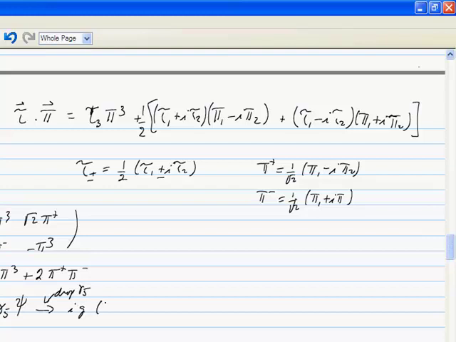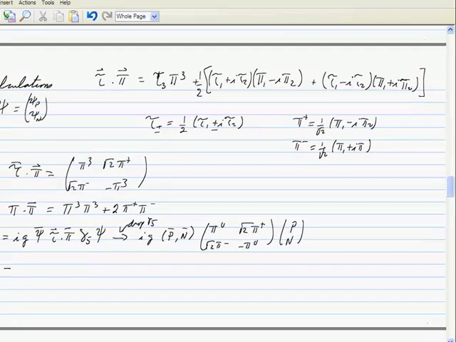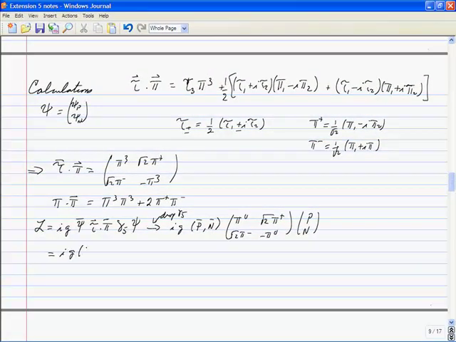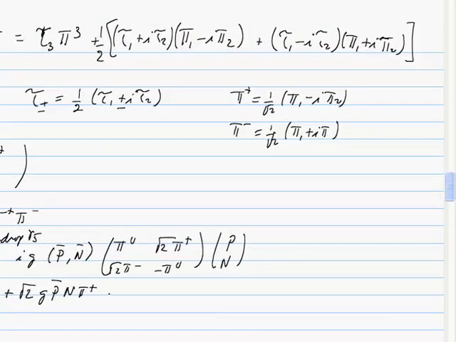That's I G P bar N bar, times the matrix pi 0, square root of 2 pi plus, square root of 2 pi minus, minus pi 0, times P N. This Lagrangian then contains the following: G P bar P pi 0 coupling minus P bar N bar N pi 0, plus the square root of 2 G P bar N pi plus, plus the square root of 2 G N bar P pi minus.